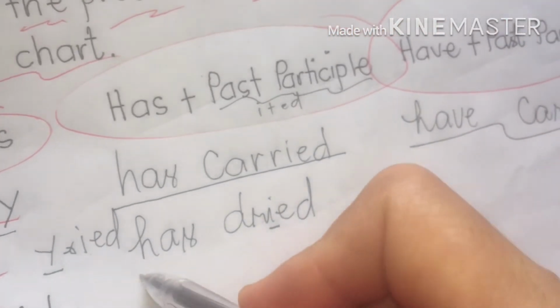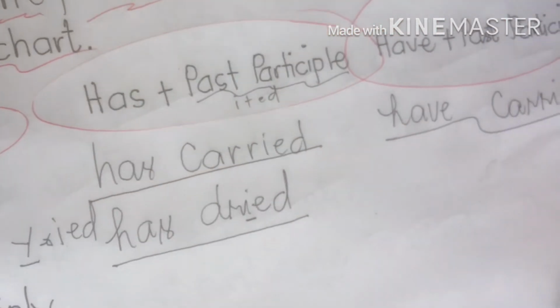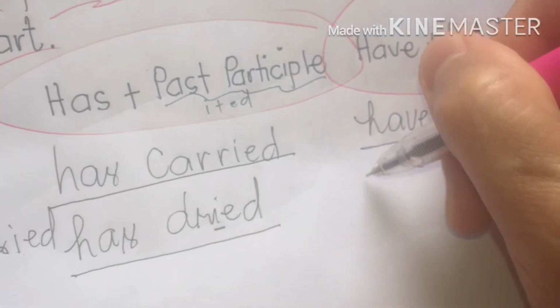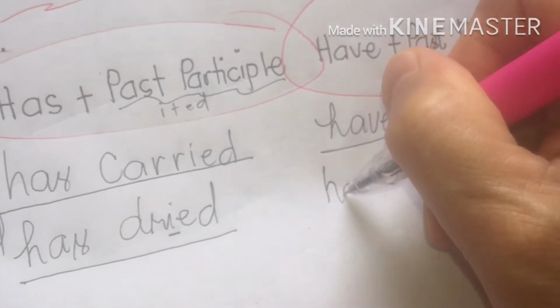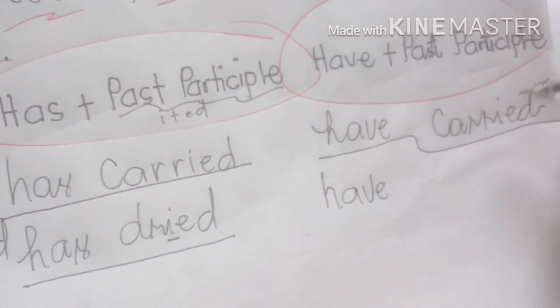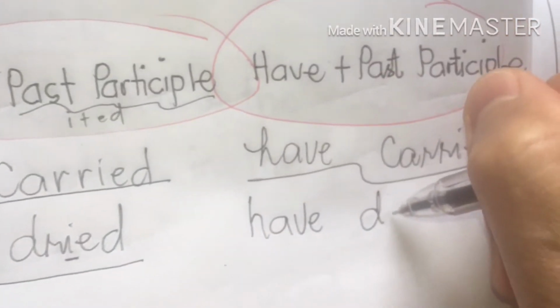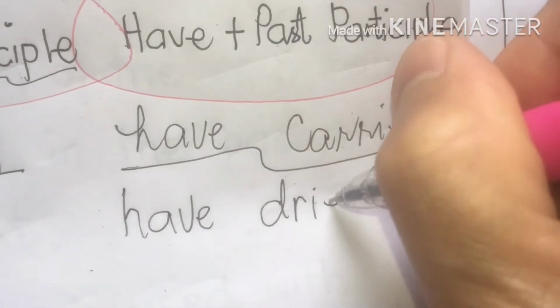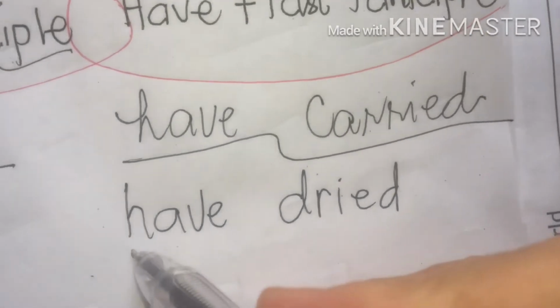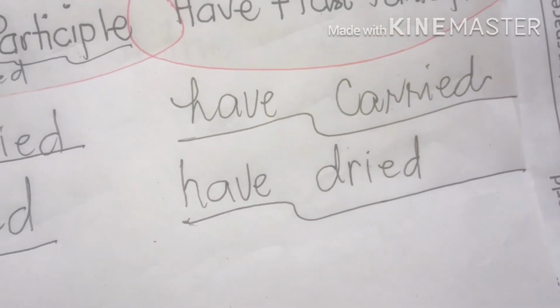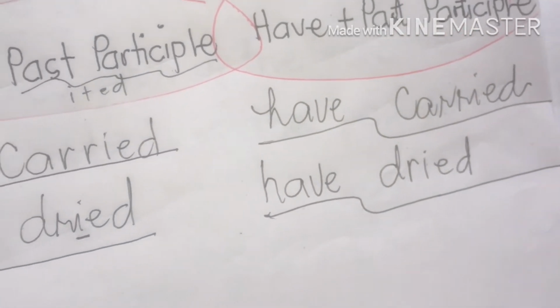Okay, this is has dried. Two, we have have dried. That is, my dear pupils or viewers, for our number two verb.